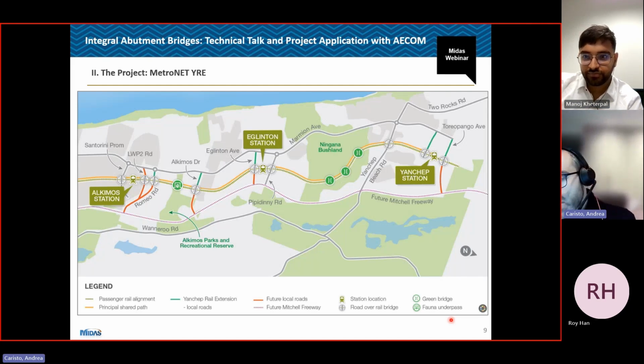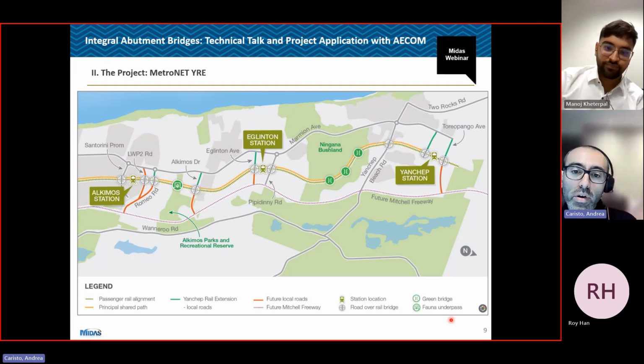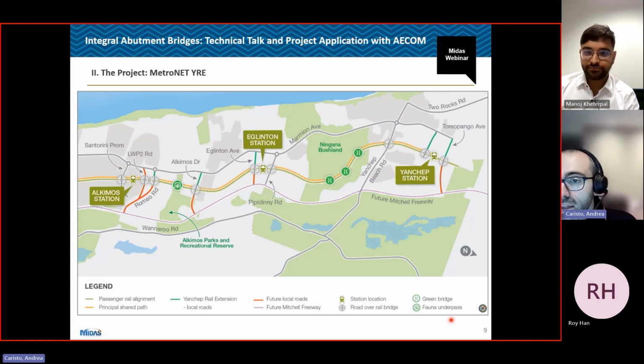The project we're going to be presenting today is called Metronet Yanchep Rail Extension, YRE for short. This project is in Australia, Western Australia, in Perth. The project aims to expand north of Perth the current light rail network called Metronet. The particular part I was involved in is regarding bridges, integral abutment bridges, as you can guess.